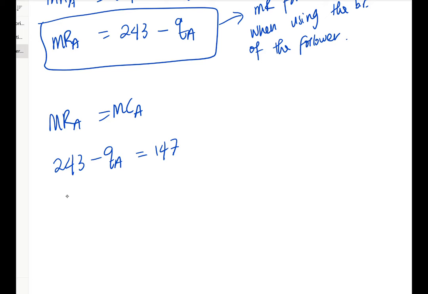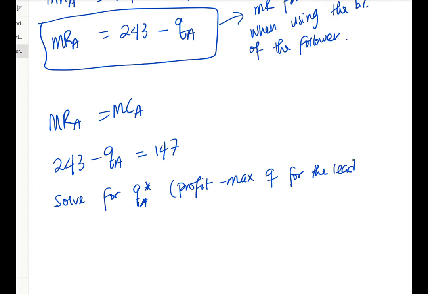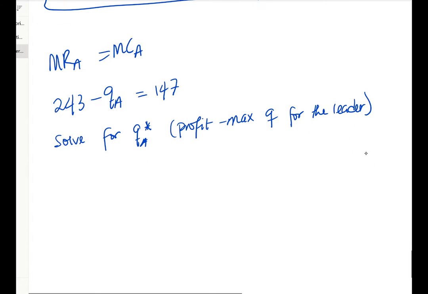All right, so we're going to solve for QA here, because that's our goal. This is the profit maximizing Q of the leader, the profit max quantity for the leader who chose their quantity based on how the follower is going to respond.